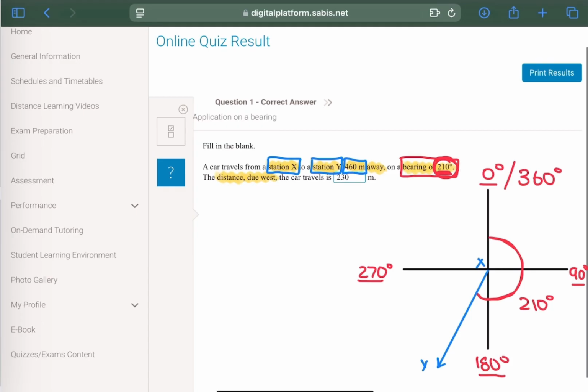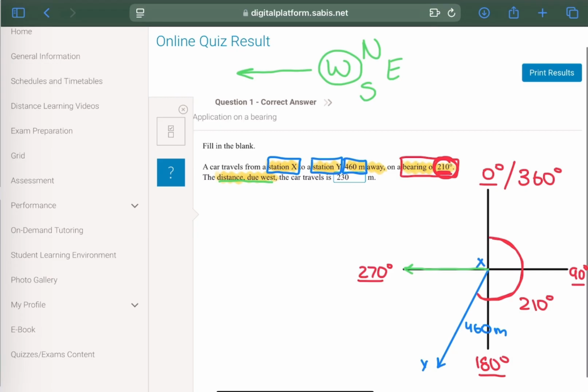And they told us that it's 460 meters away. Now that we have that, we need to find the distance due west. So this is north, east, south, west. West goes in this direction. So now from here, we're going to draw a line in this direction, which will be our distance due west.